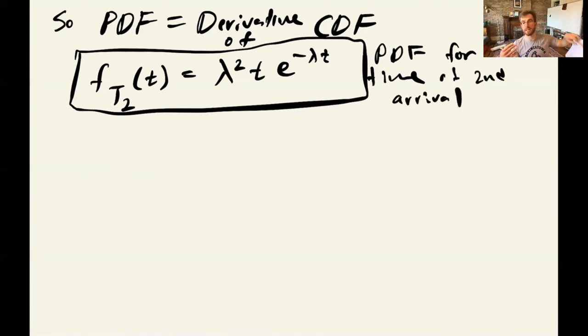And if you buy this derivation, you end up deriving the formula for what's called the gamma distribution.